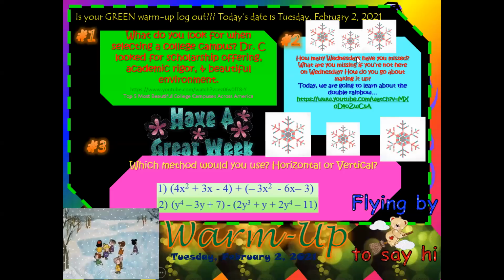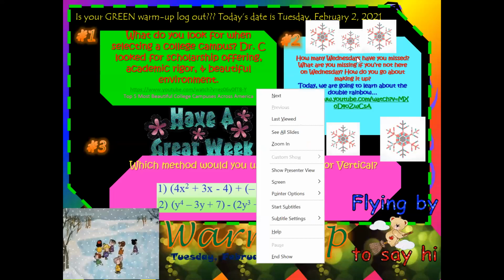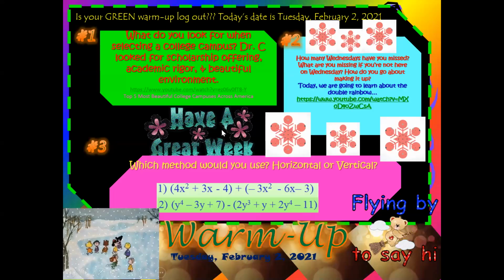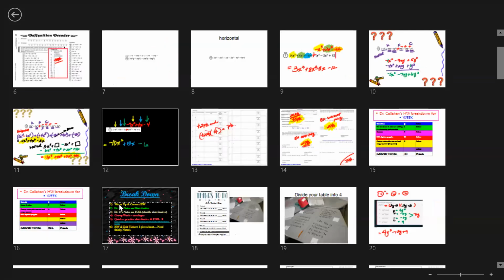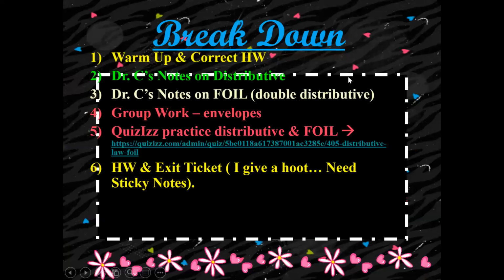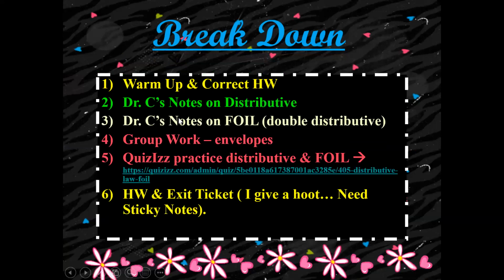All right, so from there, let's go ahead and continue our lesson today. The breakdown of today's lesson is as follows. We're going to go over my notes on distributive, my notes on FOIL, and then I'm going to have you guys do a quiz, and then you guys have your algebra puzzle to work on.